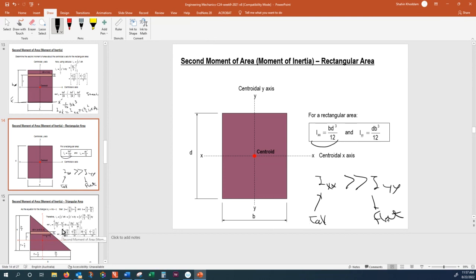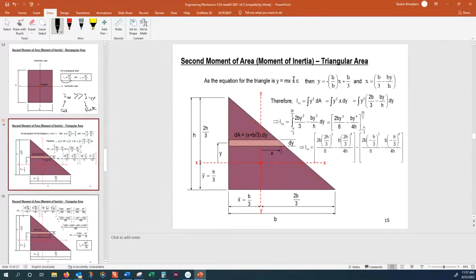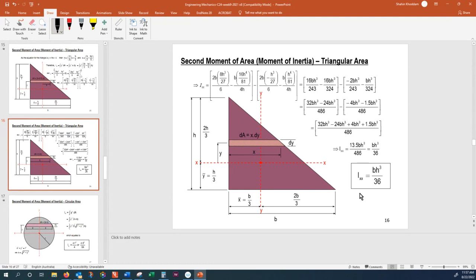All right, let's do that for a triangle. You can go through the painful channel by integrating, starting from the first principle formula, that is the definition of I. After doing the integration and simplification, the final answer for a triangle with a horizontal side of B and vertical side of H, the moment of inertia with respect to the centroid, this is a standard again. Standard means my x-axis is passing through the CG.